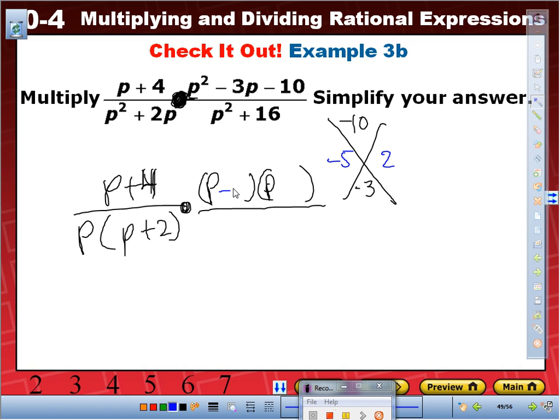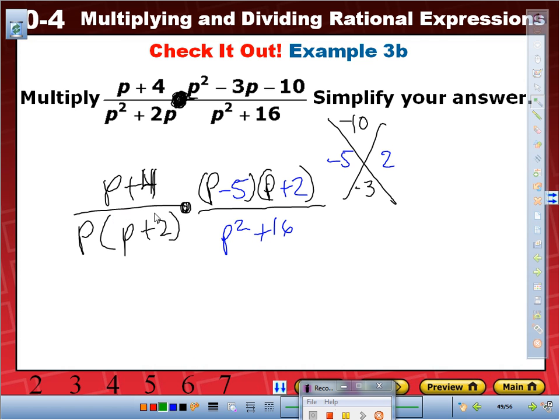So this is P minus 5, P plus 2. Let's look at the denominator. Is there a GCF? No. Is it a difference of squares? No, it's a sum. So if we can't find a GCF, and it's not a difference of squares, we can't do anything else with it. So we just rewrite it. P squared plus 16.